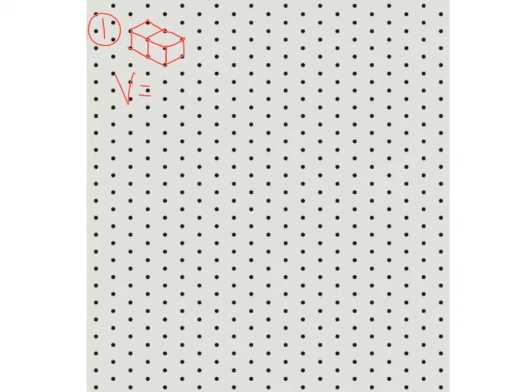So V equals, so how many cubic centimeters are there? Because on your grid, they're actually based on centimeter units. So what is the volume of that? It's 2 cubic centimeters. I have 2 cubes there. So the volume, how much space it's taking, is 2 cubic centimeters.